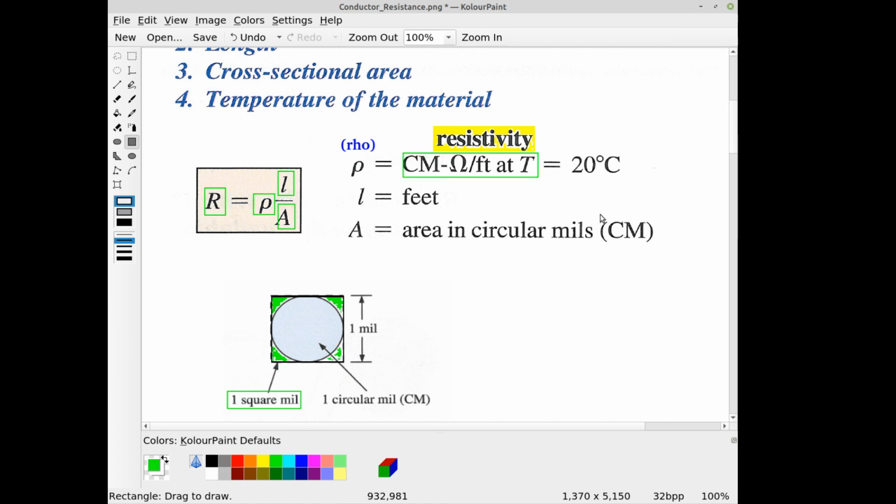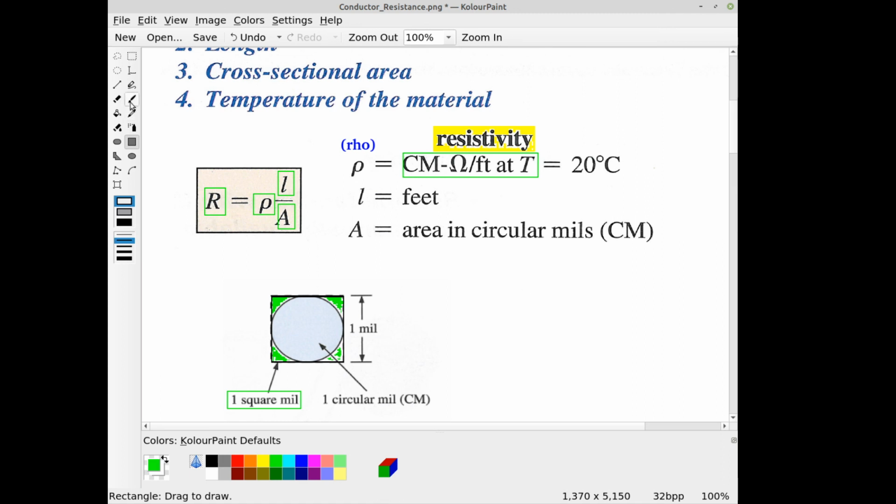So you need to make sure that when you are doing these calculations that you match your units. So if you're doing circular mils, it must be circular mils. If it's a rectangular form, then it's mils, and you have to use the equation to switch between them.